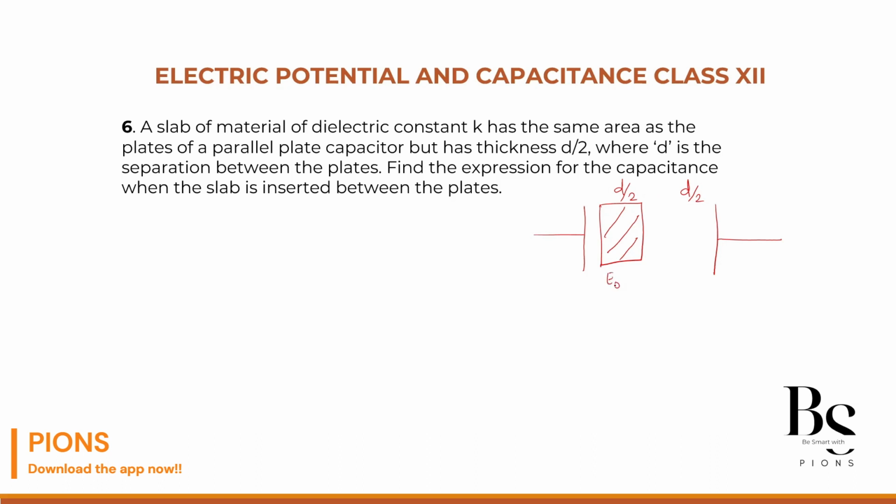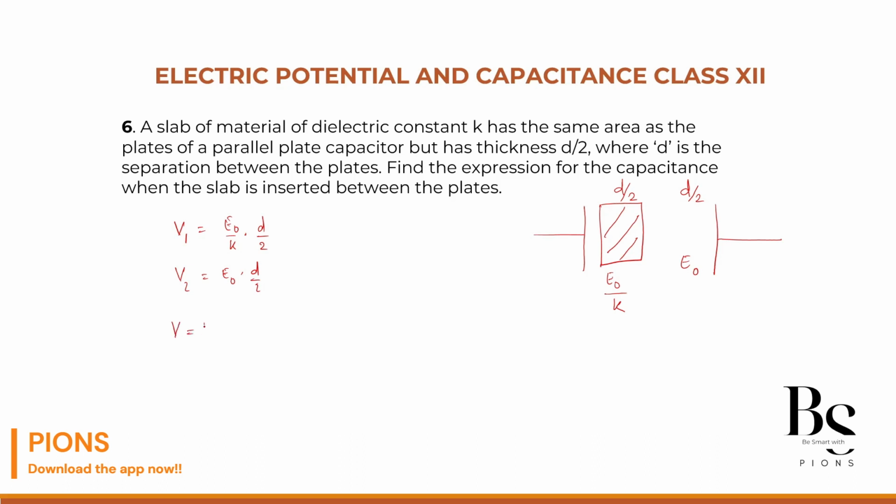What will be our electric field here? E naught by K. And what is our electric field over here? E naught. So what is our first task? To find the voltage. So V1 will be the potential across the region where the dielectric is there. That will be our electric field in that region times the separation D by 2. What is V2? That will be our electric field E naught into D by 2. I hope this is clear.